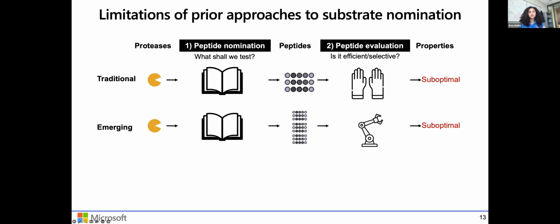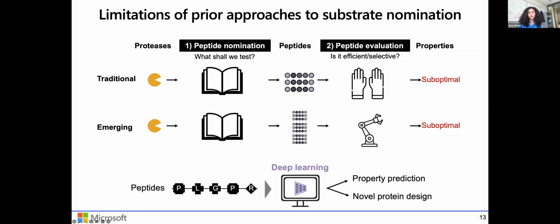And so looking at this design problem, we were motivated by the emergent work that has been going on over the past years in protein language modeling, and considering taking inspiration from these approaches to now not think about protein design, but rather peptide design in the specific context of protease substrate engineering.